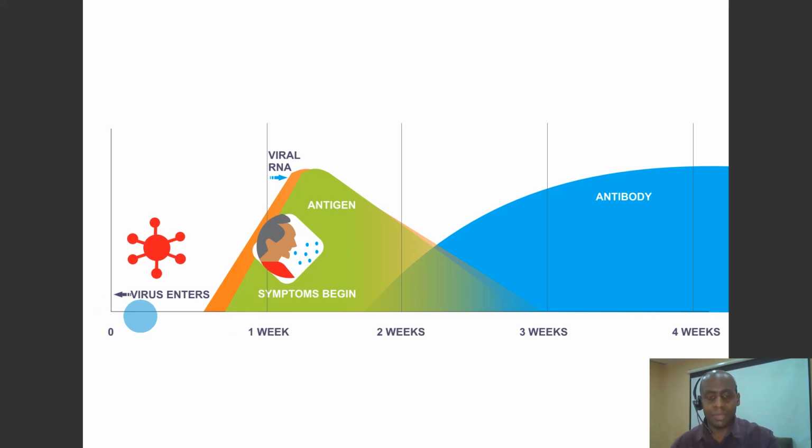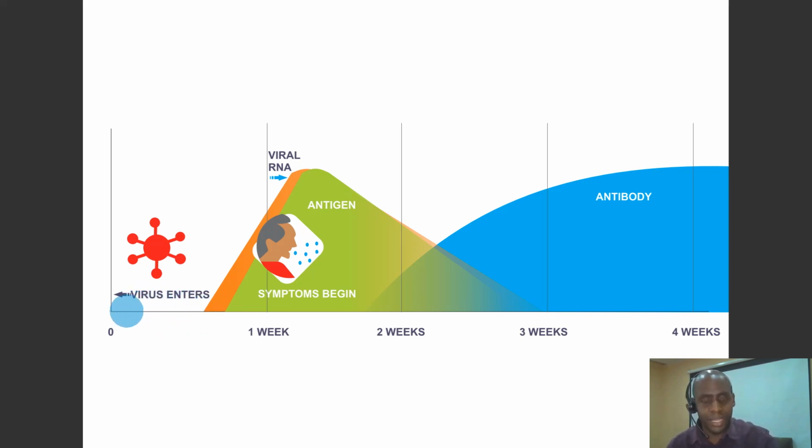From the time that the virus enters your body to the time that it actually starts to be detected by tests in the body, this is called the incubation period. When the virus enters your body, it takes time for it to start to actually produce the viral RNA that is going to be detected by the PCR test. So during this phase, this is what we call the incubation period.